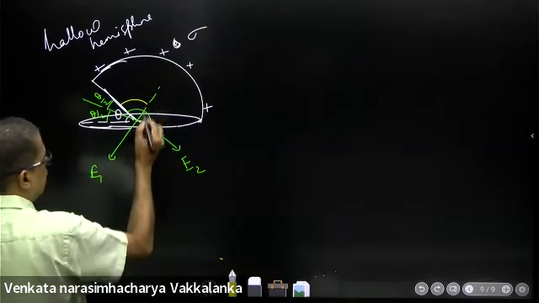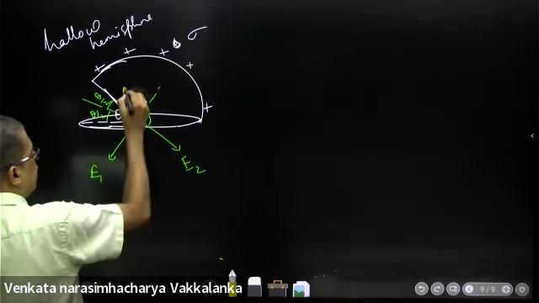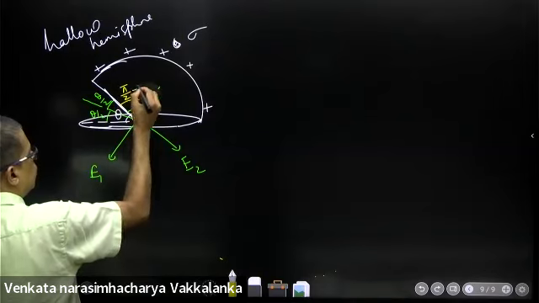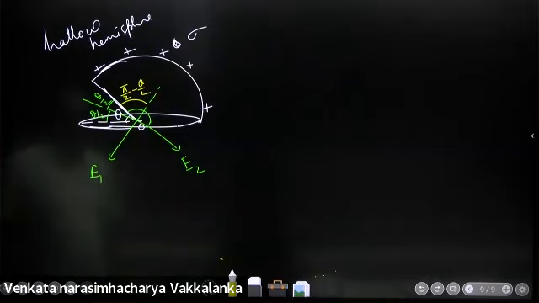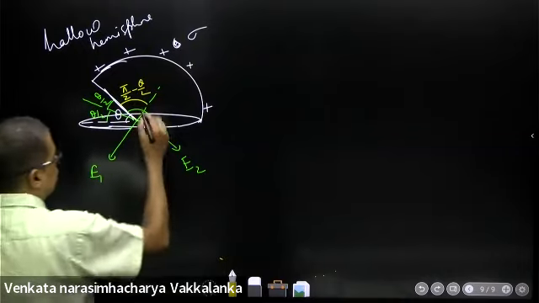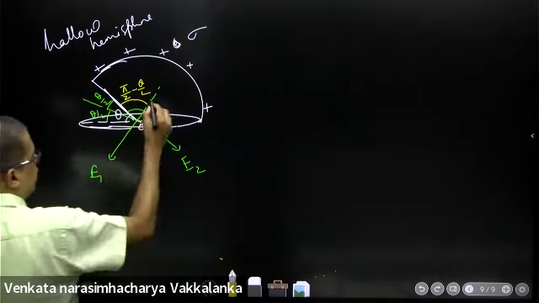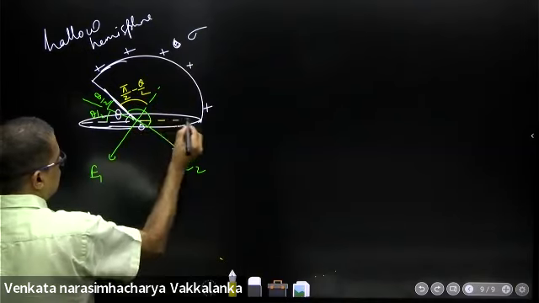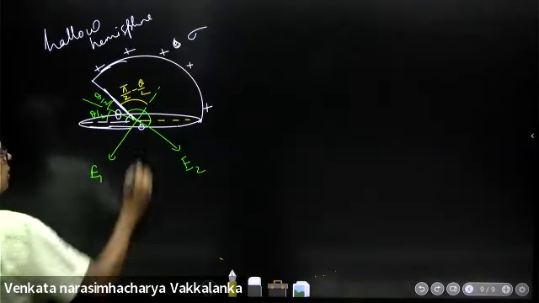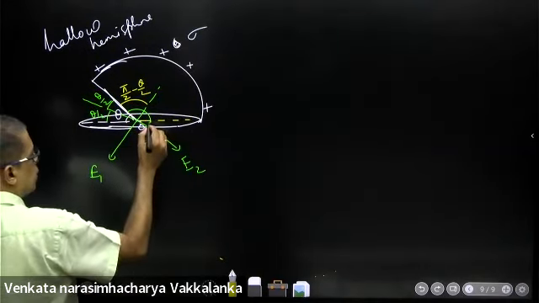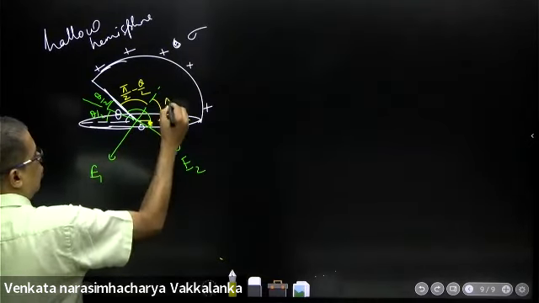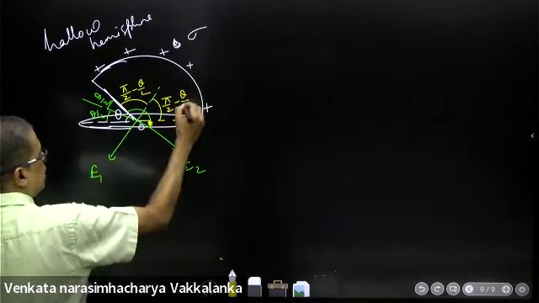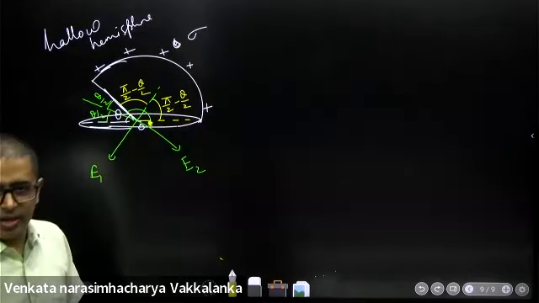Now this angle will be pi by 2 minus theta by 2. So now have a look at it. So this angle is also pi by 2 minus theta by 2. Did I take the angles properly?